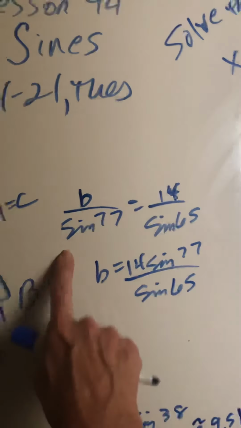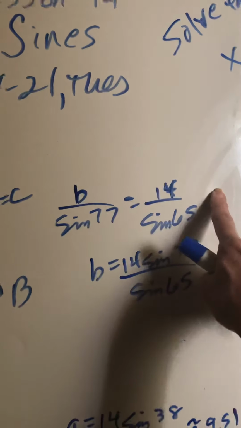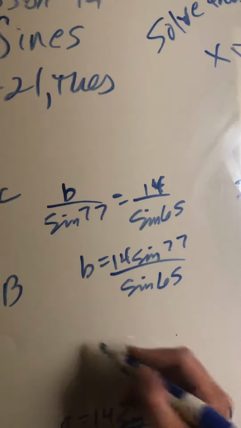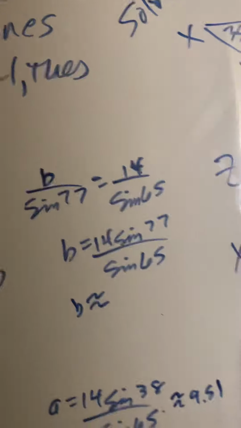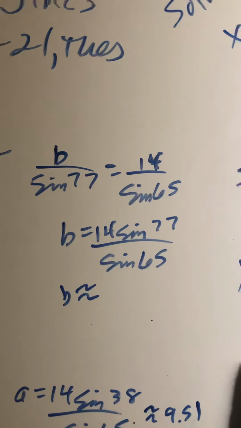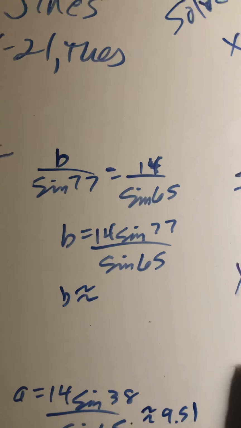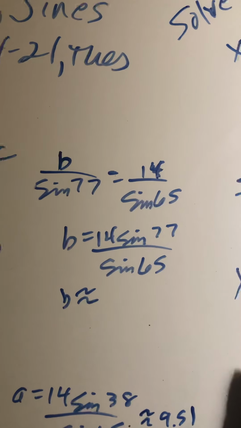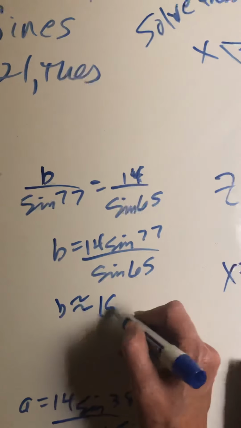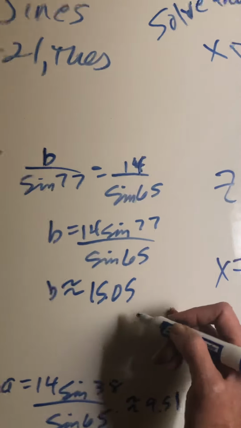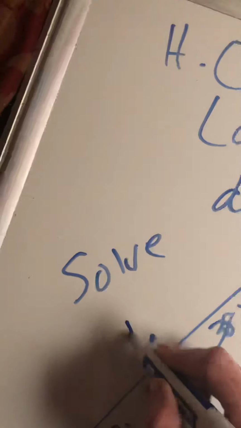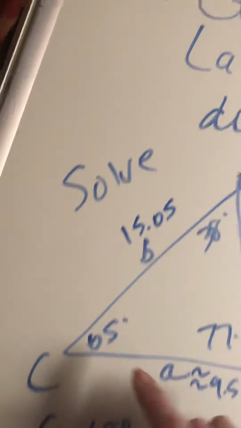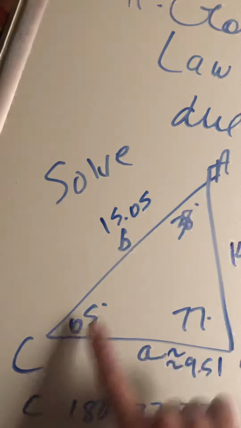Again, I'm dividing by sine 77, so I need to multiply by it to get B by itself. And then typing that in the calculator, 14 sine 77, close parentheses after the 77, divided by sine 65. You get about 15.05. So side B is 15.05. Again, side B is also CA.